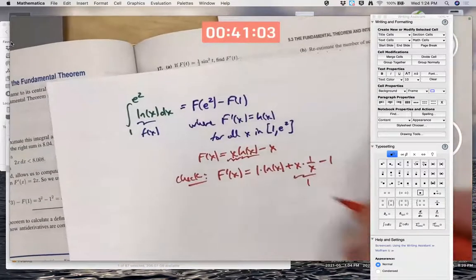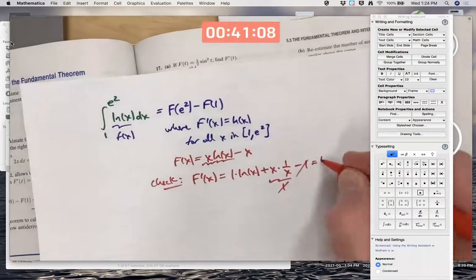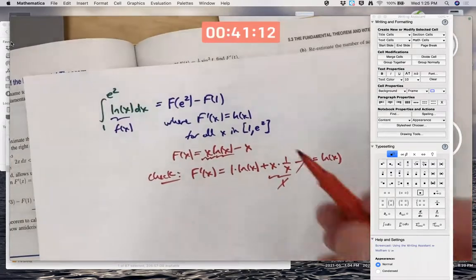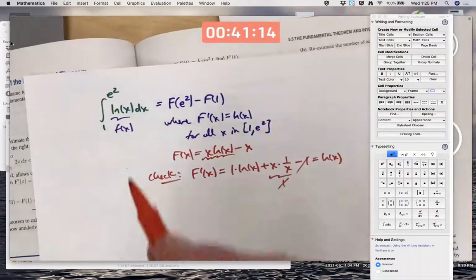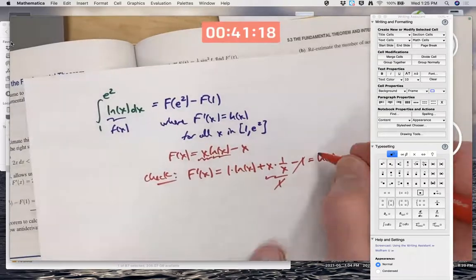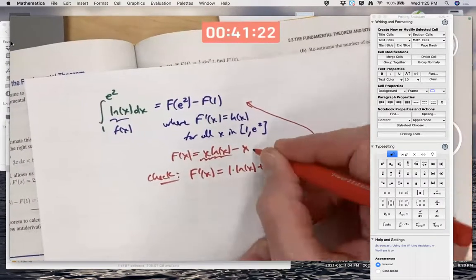Hey, that's a positive 1, those cancel. And 1 times natural log of x is natural log of x. Indeed, Mathematica is correct. This function is an antiderivative of ln of x. So now go ahead and use it.